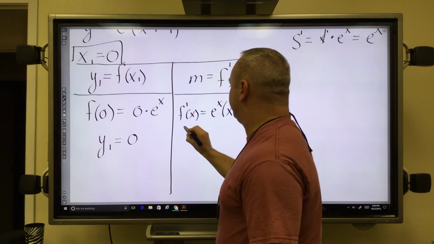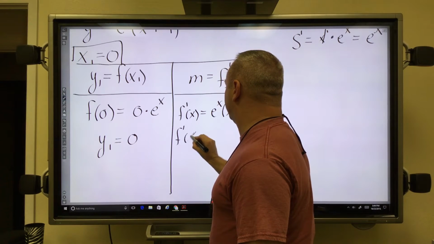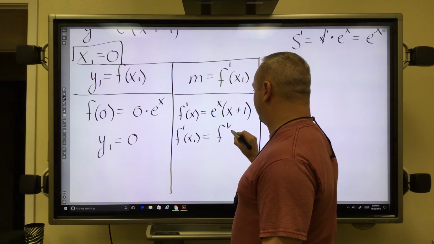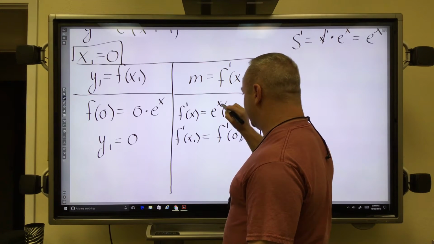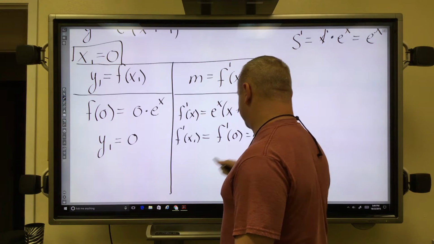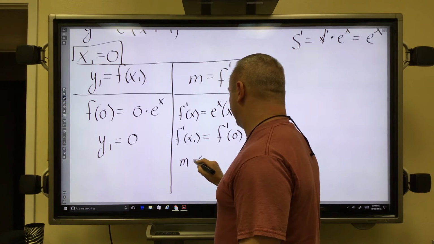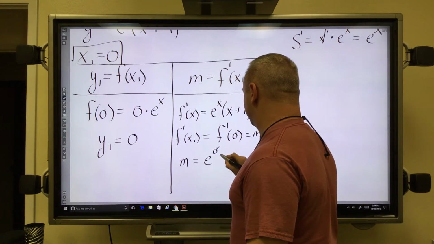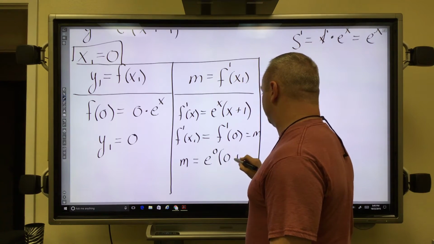All right, so f prime of x1 is the same thing as f prime of 0, and that's the same thing as your slope. So m, therefore, is equal to e to the power of 0 times 0 plus 1.